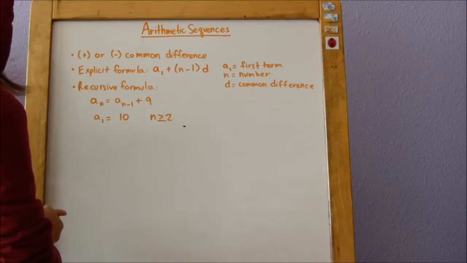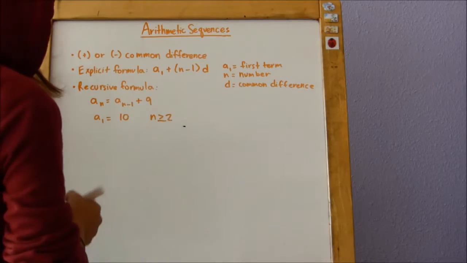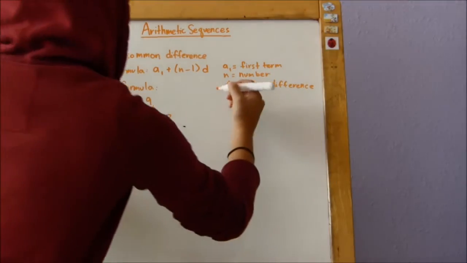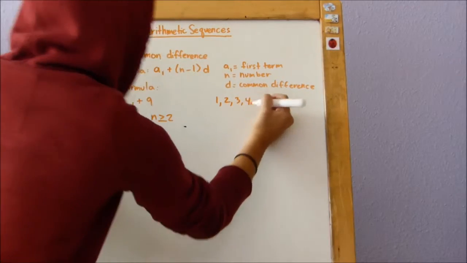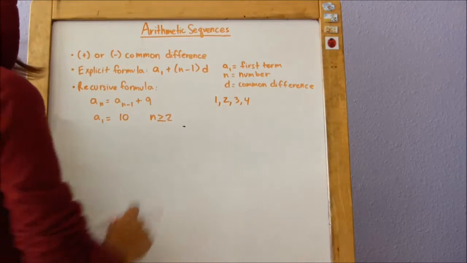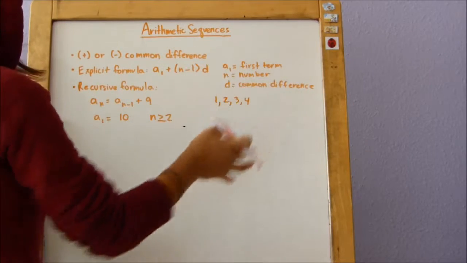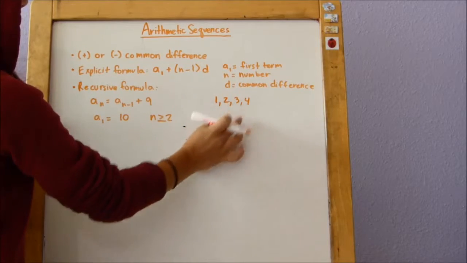The explicit formula for an arithmetic sequence uses A1, which is the first term. So if our sequence went 1, 2, 3, 4, the first term would be 1. So that's where you would plug that in. And then N stands for number, or what you're trying to solve for, because it's a formula, so you can just plug in any number.